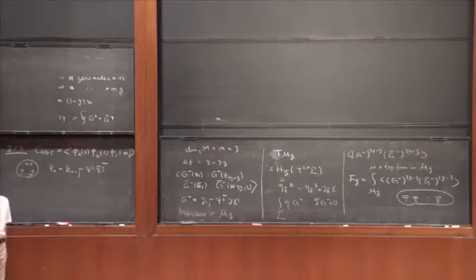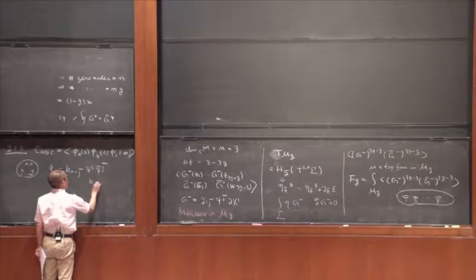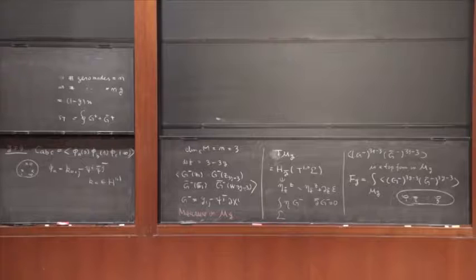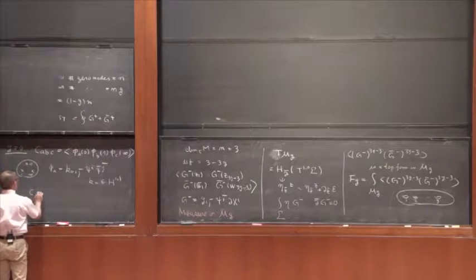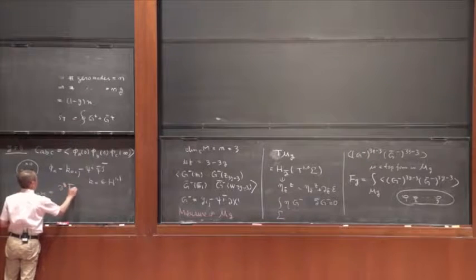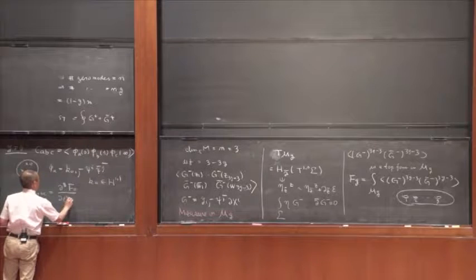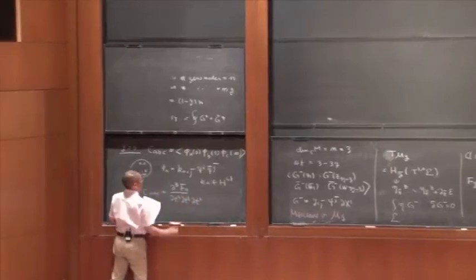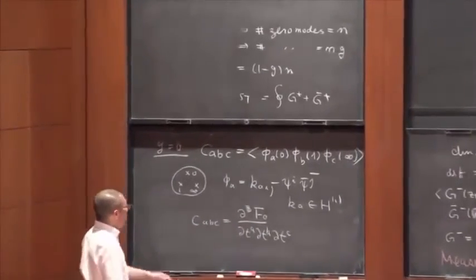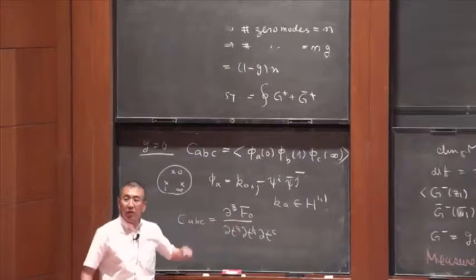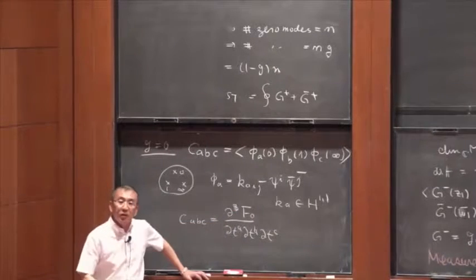In the notation I introduced yesterday, K_A is an element of H^{1,1} corresponding to the marginal deformation of the Kähler structure. It turns out that this C_ABC can be expressed as a derivative of some holomorphic object, which I'm going to call the genus 0 topological string partition function. And in the literature of supersymmetry, F0 is what is called a prepotential.